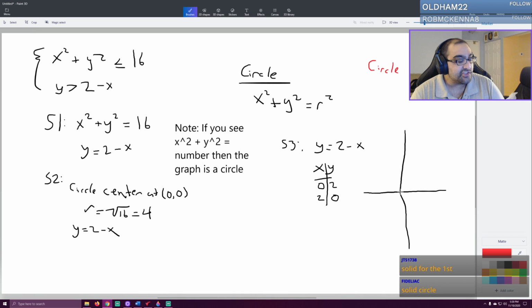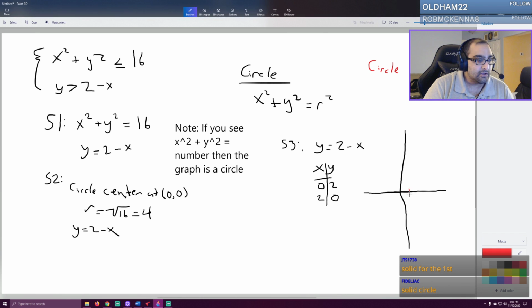Now let me show you what you want to do for the circle. It's centered at 0, 0, but it's not going to go through 0, 0. It's just centered there. The radius is the more important part. The radius is 4, so we're going to move 4 units in every direction from the center: up, down, left, right. 1, 2, 3, 4. That's a point on the circle.